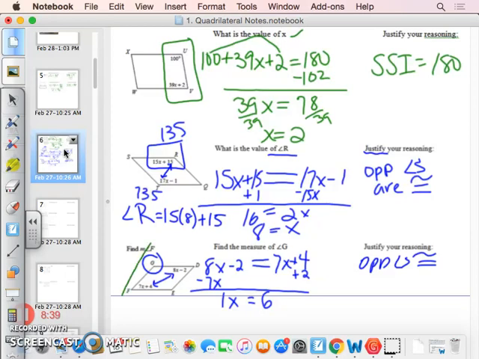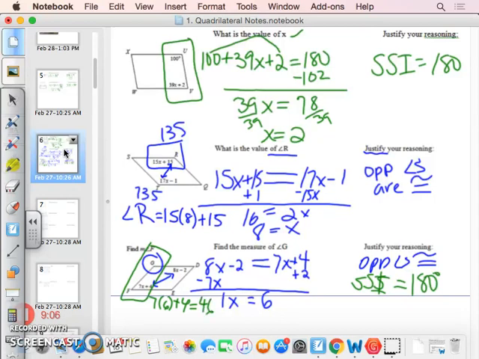And step 2 says that I need to find g. And so I'm going to look at these angles right here, and I notice they are same side interior. So I did it again. Same side interior angles equal 180 degrees. So I first have to figure out, by plugging in, 7 times 6, whew, this is a good problem, is 42 plus 4 is 46.